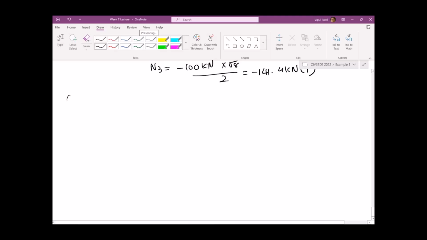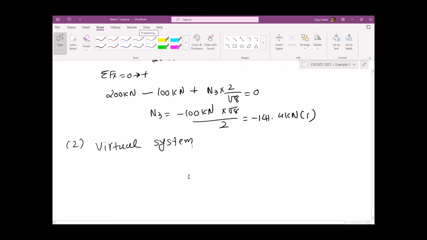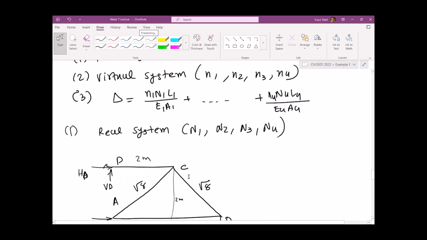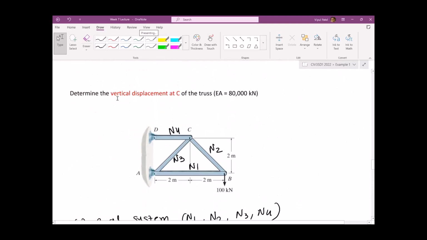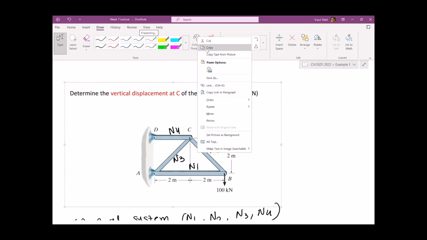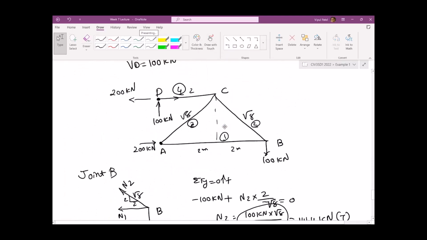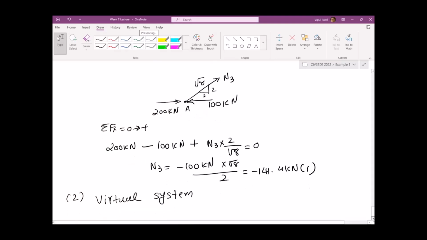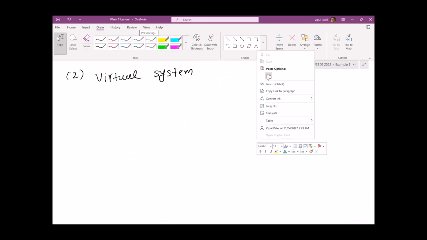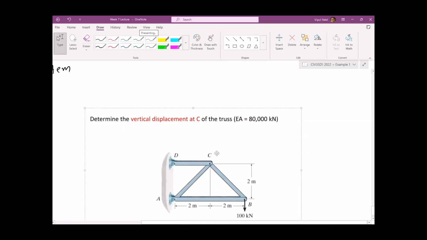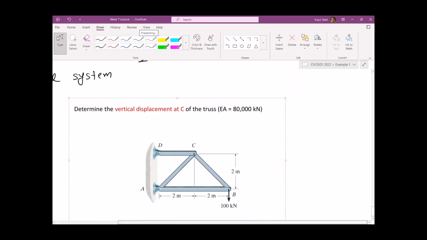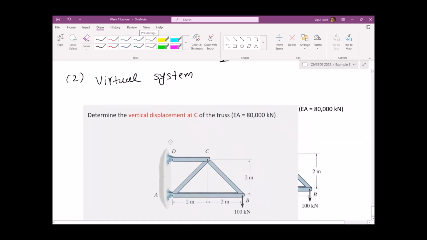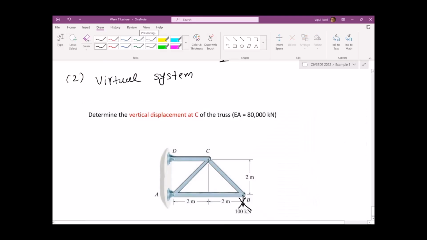Now we need to draw the virtual system. In the virtual system, we are going to remove all the real loading, and we're going to find the vertical displacement.